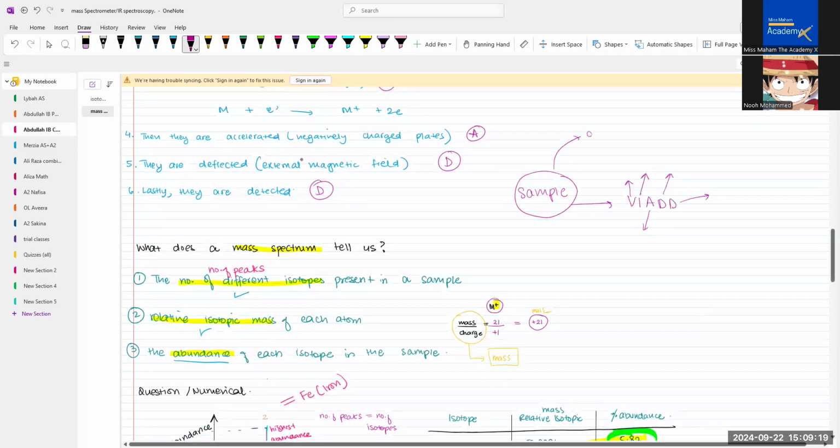This sample first turns into a gaseous state, which is why the first process is vaporization. Then ionization, M turns into an M plus ion, which is a molecular ion. Then acceleration due to the negatively charged plates, then deflection due to the magnetic field, and then detection. Okay.